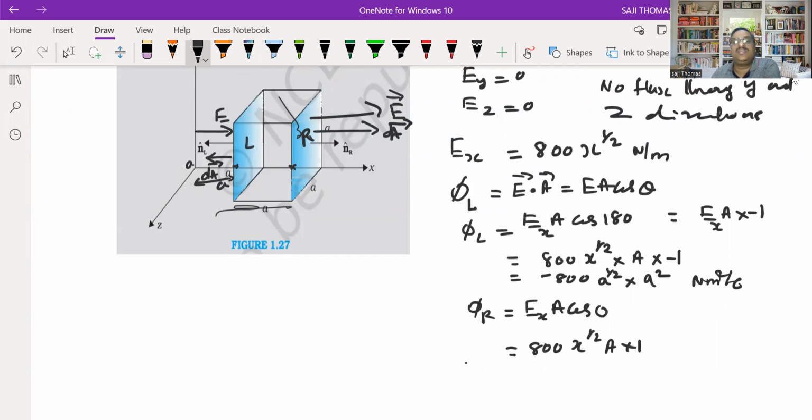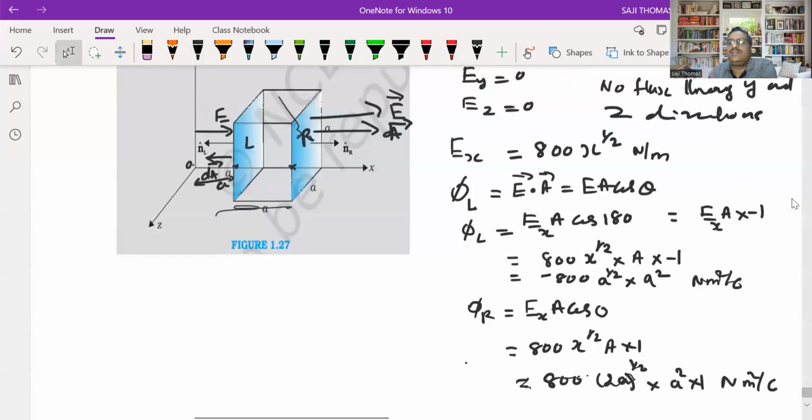So the x coordinate for the second face is 2A. We can write this as 800 into, instead of x, 2A raised to 1 by 2, into area. The area of the face is A square, into 1, in Newton meter square per coulomb.